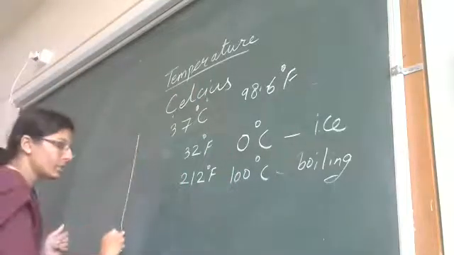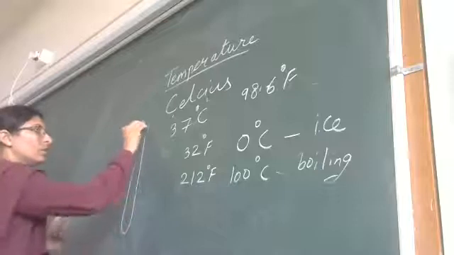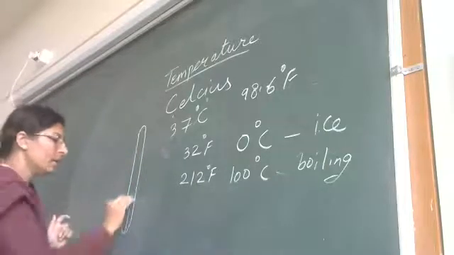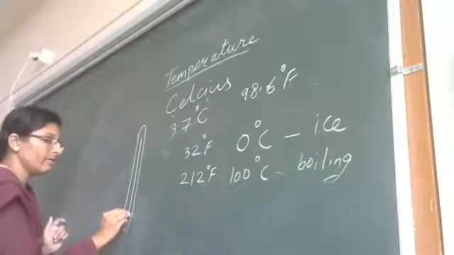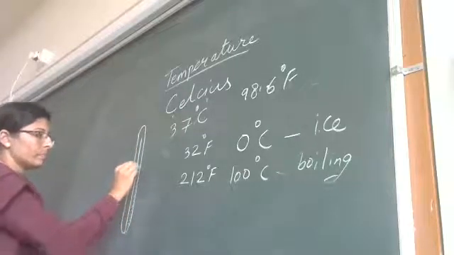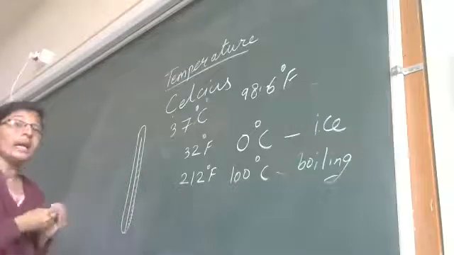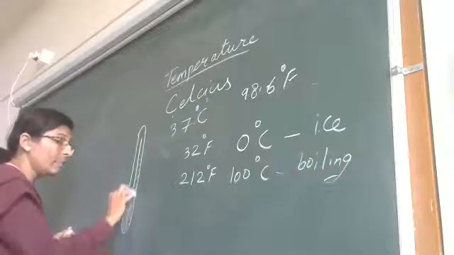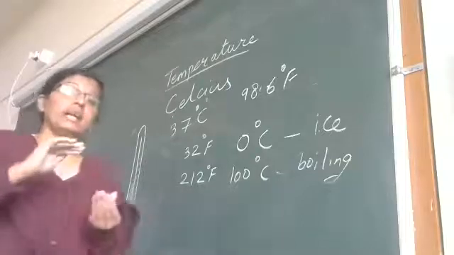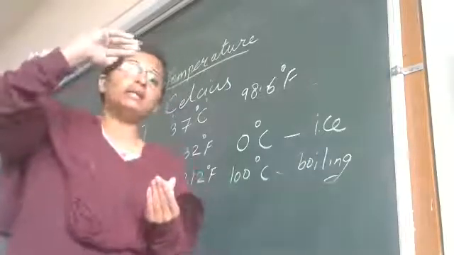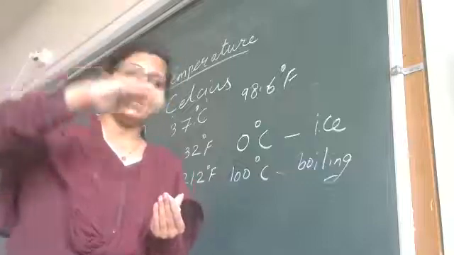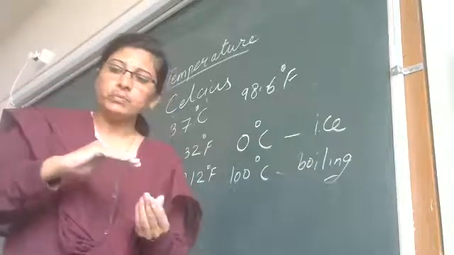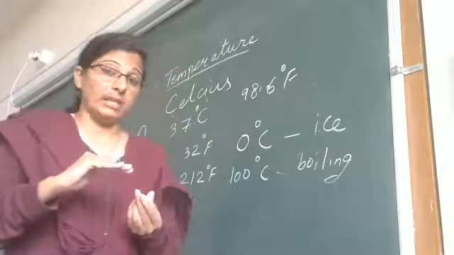It will be an oval shape like this, and in the middle a scale will be there, with numbers written on it. Inside it, one liquid will be there. If the liquid increases, that means the temperature is more. If the liquid decreases and comes down, that means the temperature is less.